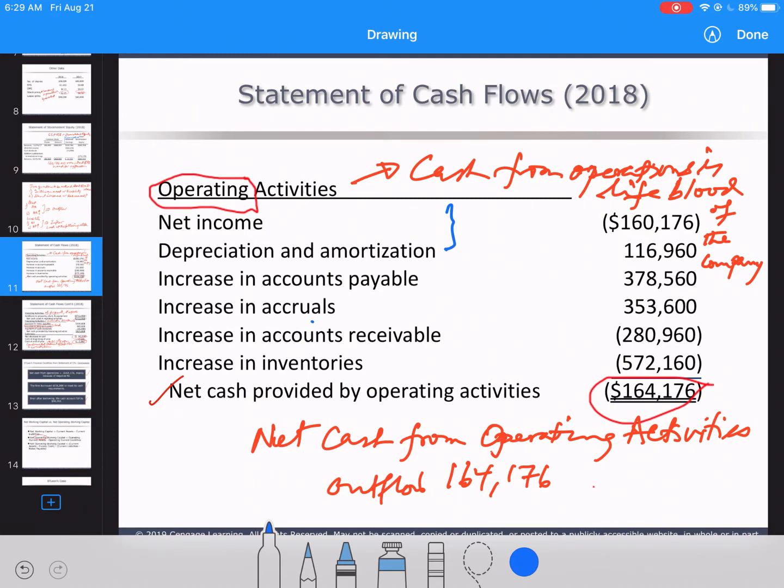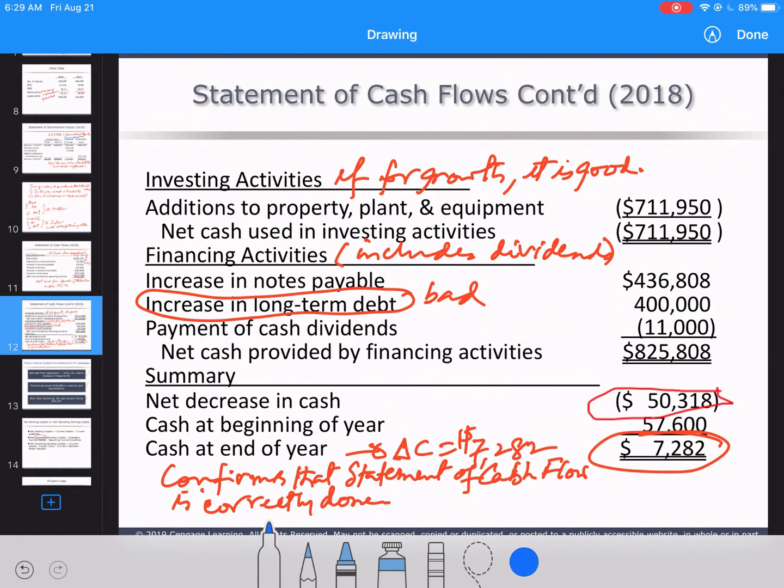That is a very bad statement of cash flow for the company. So the market will basically discipline this company. And then you have investing activities as another section, and you can find out net cash used in investing activities. You see here a large negative number.